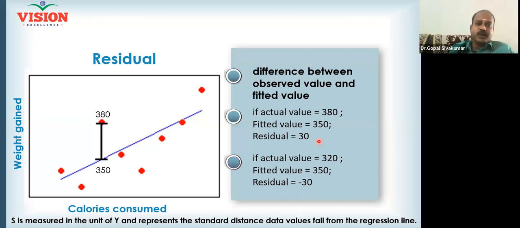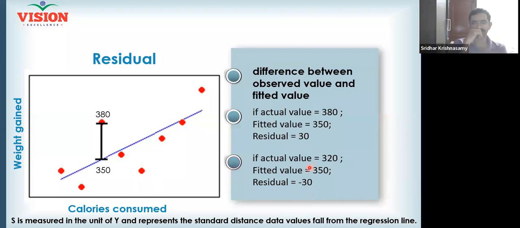So in order to understand the total error, I should not go with the algebraic sum. I should square them and then add them, because positive is also a problem for me, negative is also a problem for me. So when I want to combine errors of this nature, I should square the positive value, square the negative value, and then add, and then take the square root.